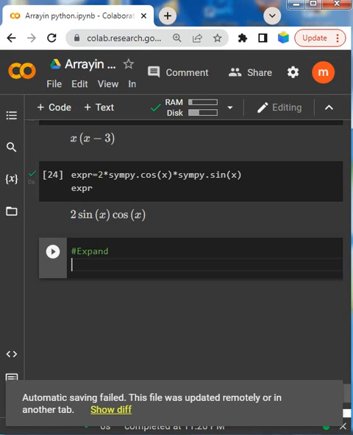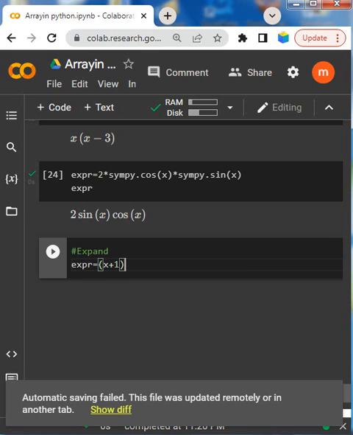First I write here expr as a variable, and I write a simple equation, x plus 1 multiplied with x plus 2.